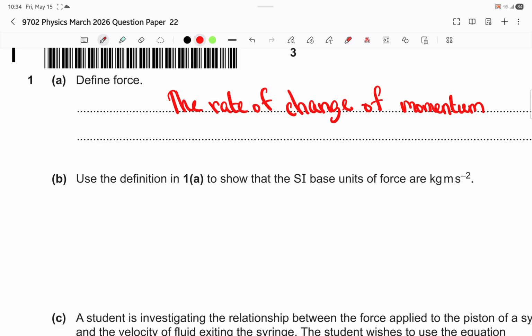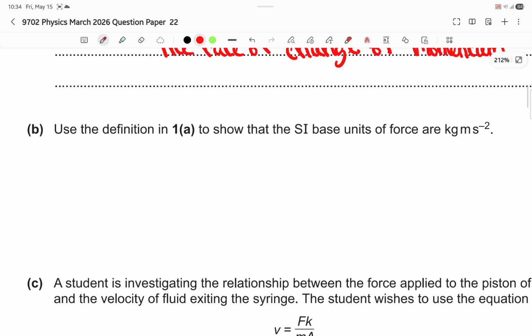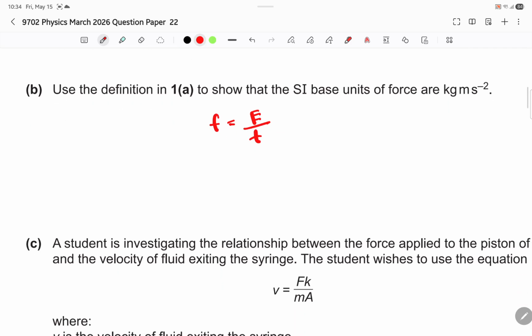Okay, so what is force? Force is basically energy by time, right? And energy base unit, I have it memorized. You guys should keep it memorized. It is kg meter square s to the power minus 2, and time is s.